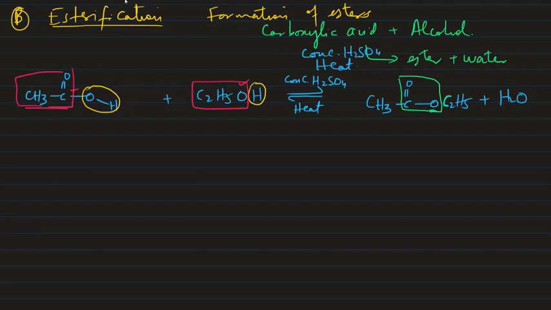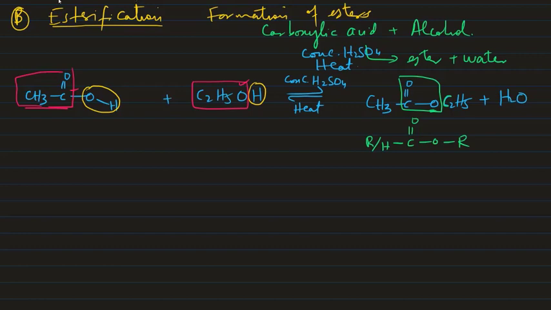So you can say the functional group for esters is this C double bond O, and next to O there has to be one carbon. We call that carbon the alkyl group. On the left side you can have hydrogen, or you can have an alkyl group. It can be alkyl or it can be hydrogen as well. How do we name esters? Let's see that.